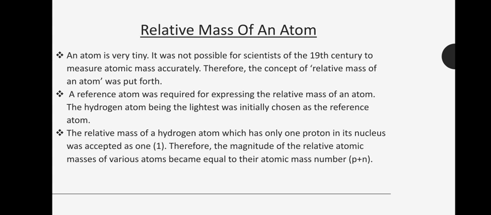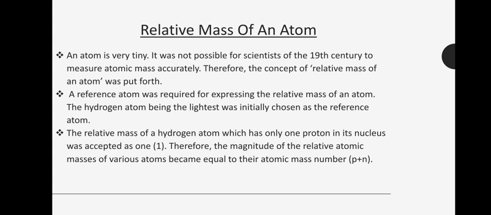So the relative mass of a hydrogen atom, which has only one proton in its nucleus. Why only one proton? Its atomic number is 1. So hydrogen has one proton and one electron. Okay, you have to make sure that the number of protons and number of electrons in an atom are the same. That is why the atom is electrically neutral. The atom has no charge on it, right? Only if it loses or gains an electron will it have some charge, correct?